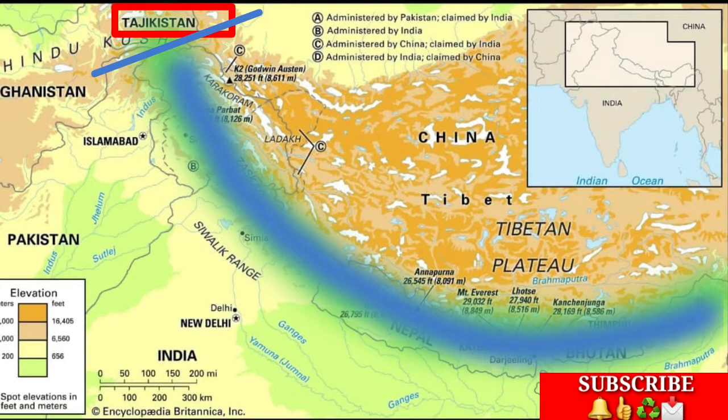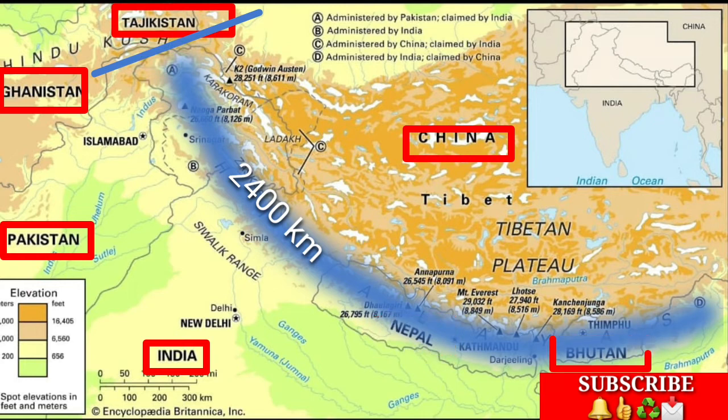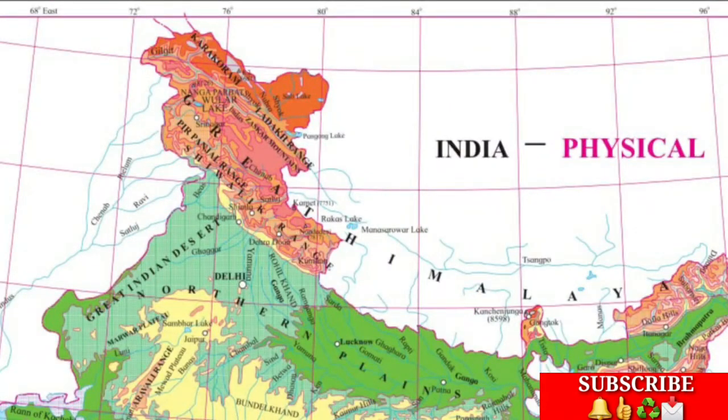Now students, it covers approximately 2400 km and passes through the nations of India, Pakistan, Afghanistan, China, Bhutan and Nepal. Now let's learn about the parallel ranges. It is not a single mountain, but it is a series of ranges of mountains.